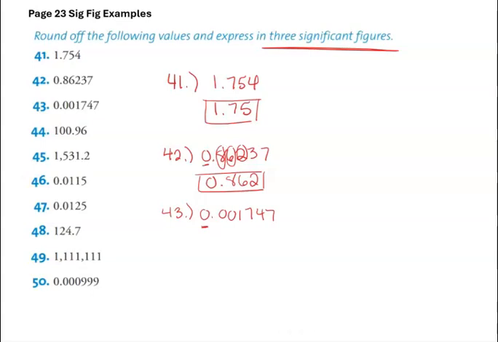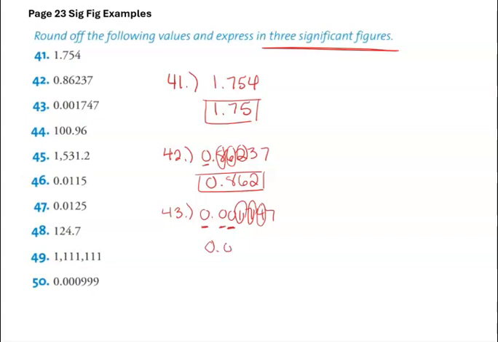Because these two zeros do not have a significant number in front of them, they're insignificant as well. So really our significant numbers are going to be our 1, our 7, and our 4. When we're writing our answer out to three significant figures, it's going to be 0, just because that's a placeholder.